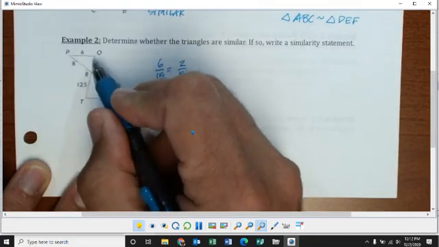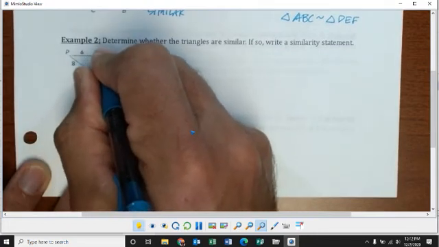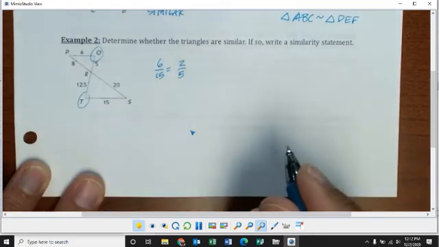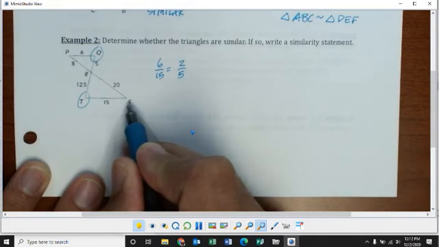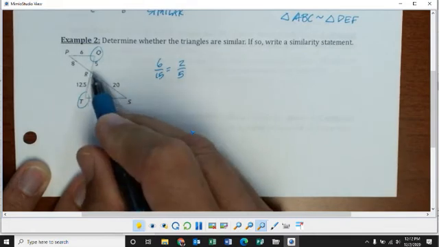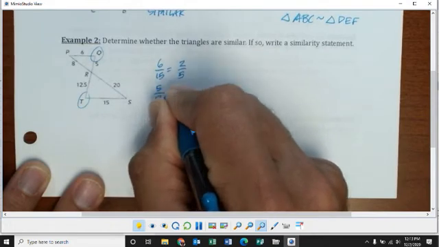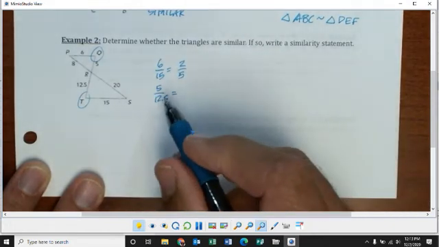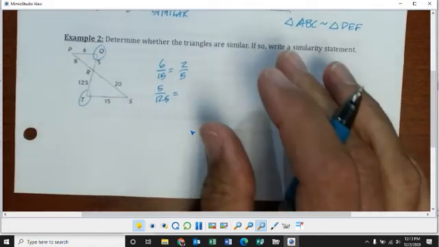Now, the way these angles are drawn up, it looks like angle Q would be congruent to angle T, right? So angle Q and angle S are not the congruent ones. So now I need to check, are 5 and 12.5 following the same ratio?